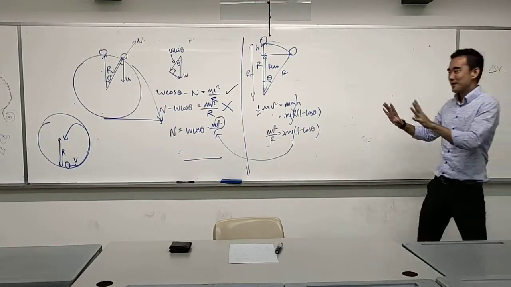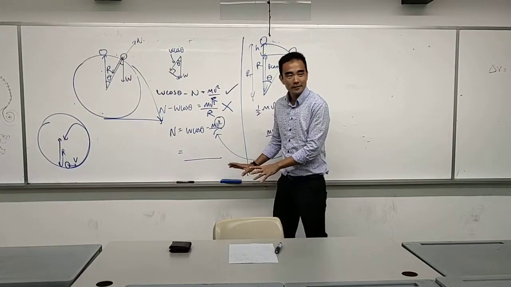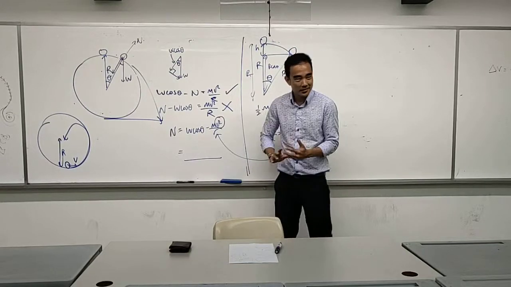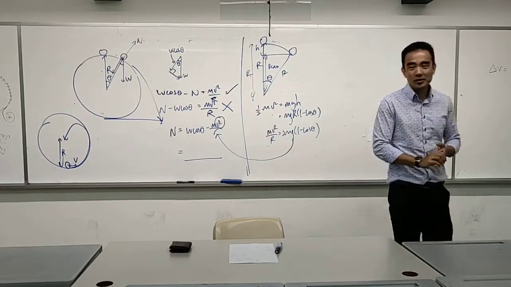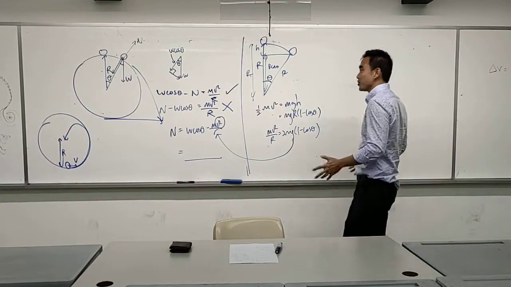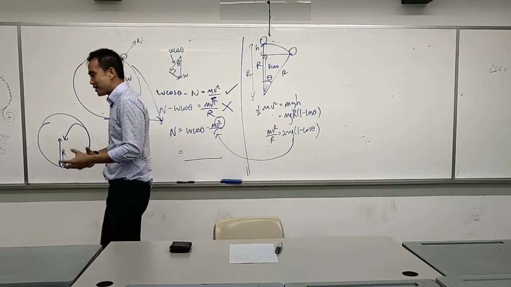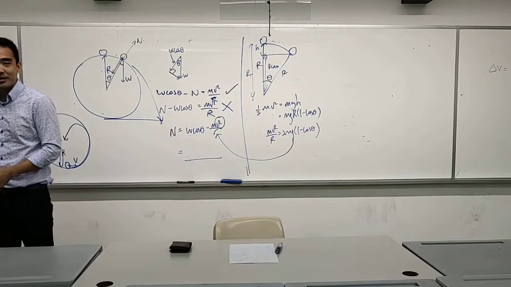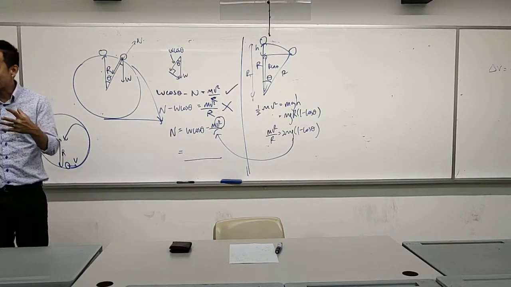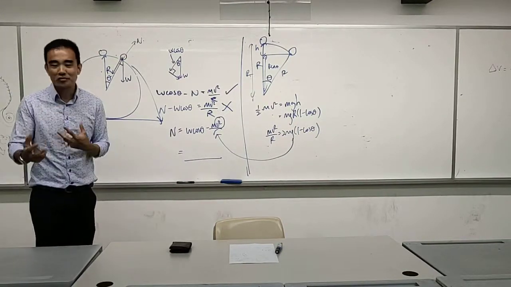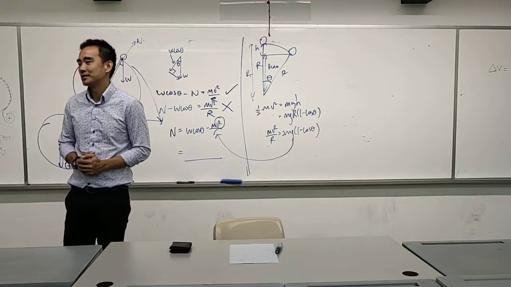Now, coming back to planet Earth, is this okay? Unfortunately, I wish I could tell you that there's one way to solve all kinds of circular motion. There's no way. All you have is conservation laws, concepts, principles, and that's all you have. How you know when to use what comes with experience.